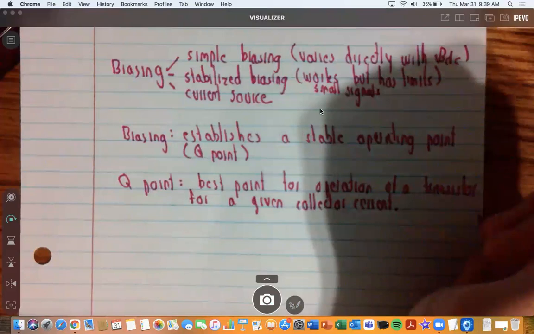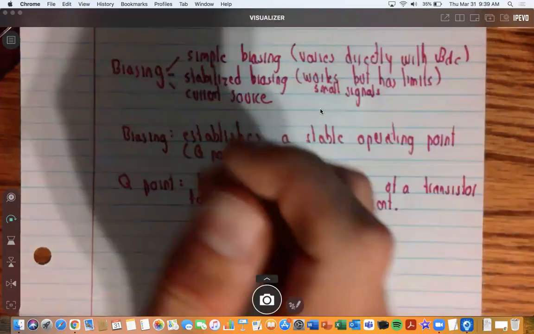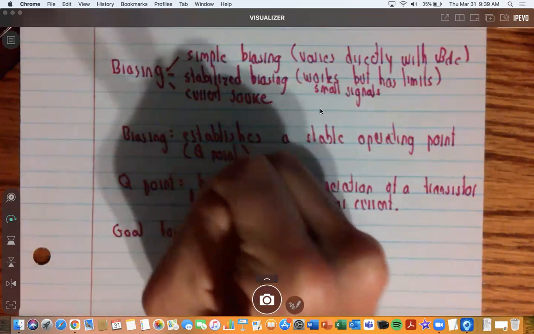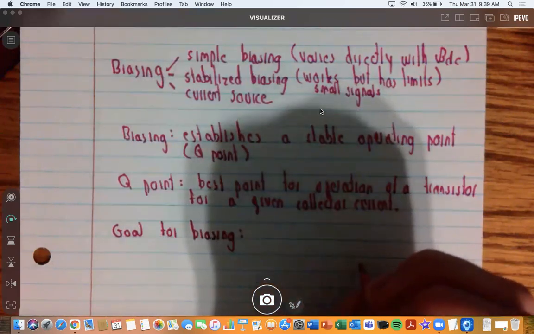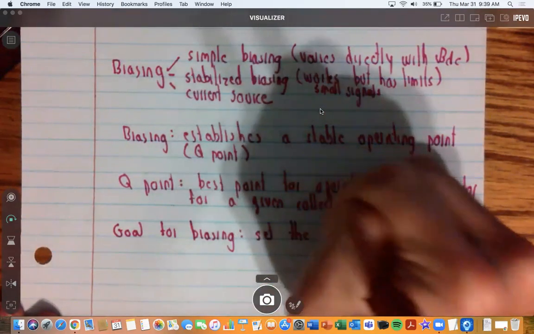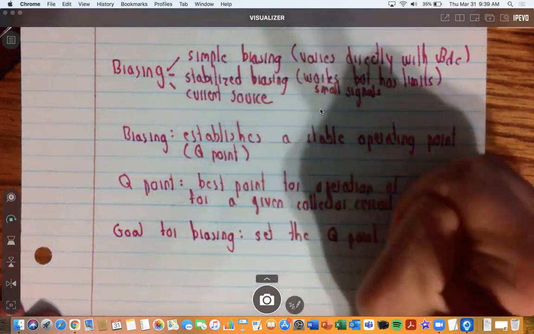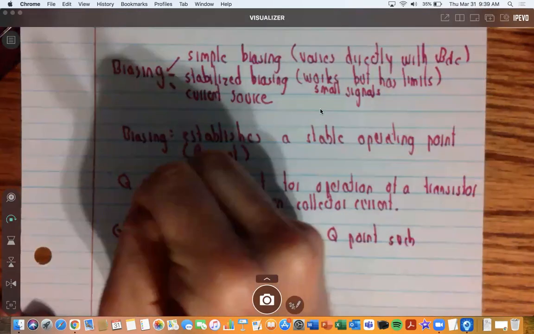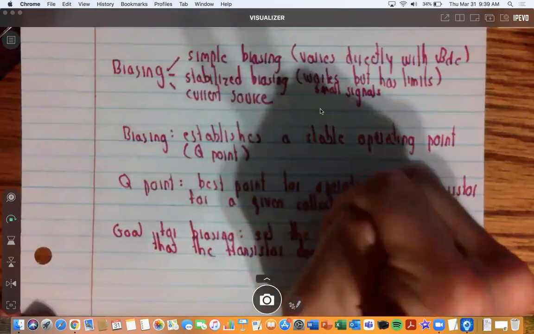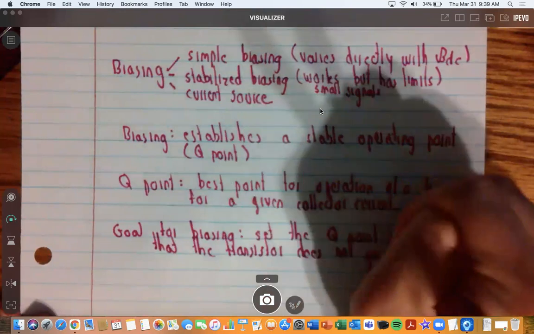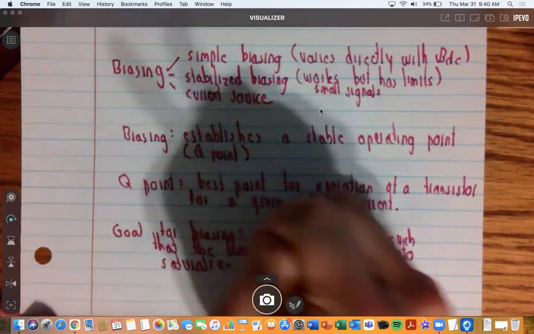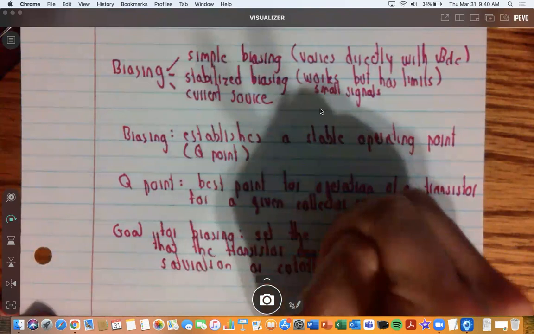So the goal for biasing is to set the Q point such that the transistor does not go into saturation or cutoff when a signal is applied.